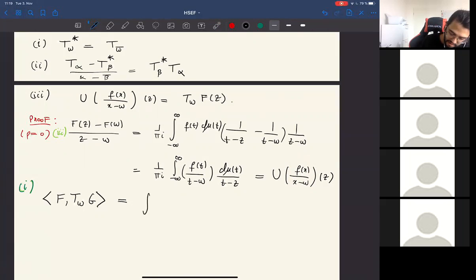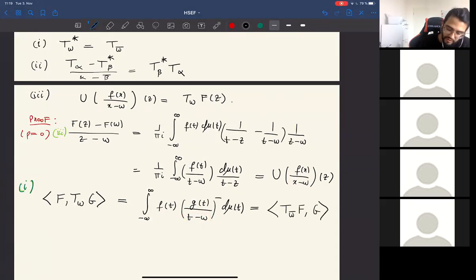So this would be exactly equal, by definition, to the integral of f of t, and then you have this guy, which would be g of t divided by t minus w, but everything bar, d mu t. But now you can just move this guy to below f, and you will see that that's exactly just the inner product of T W bar f with g. So therefore, the adjoint of TW is T W bar.